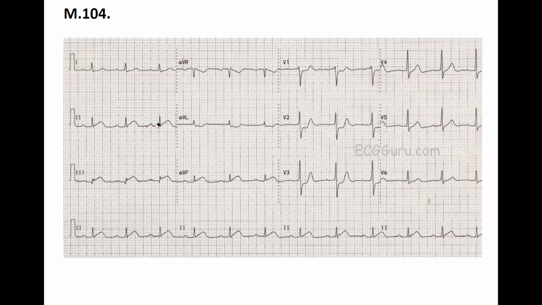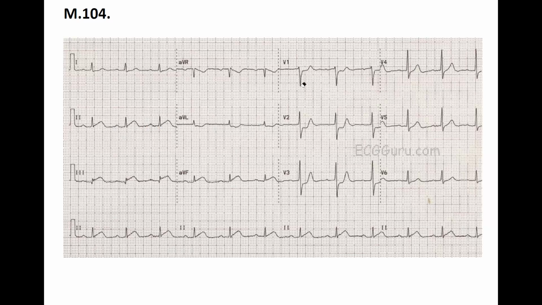So let's see. ST elevations. First, the size of the R wave. And the morphology of the P is normal. It's not wide, it's not tall, so it's not any kind of atrial hypertrophy. The R wave, if you look all the way through, is not high in 2 or 3, and R is not big in V2, V5 or V4, nothing.